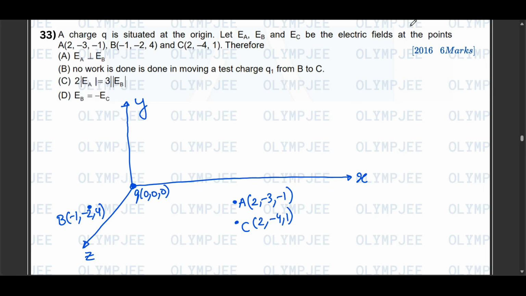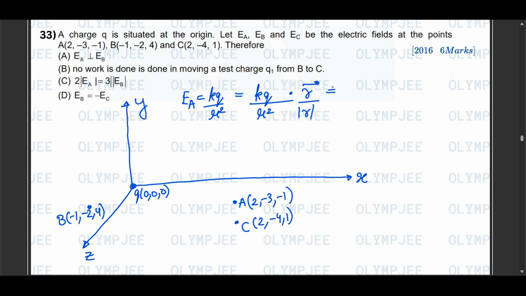So the field at A can be written as, since we don't know this r, I will write this in the vector form, which can be written as kq by r square multiplied by the r vector divided by its magnitude.